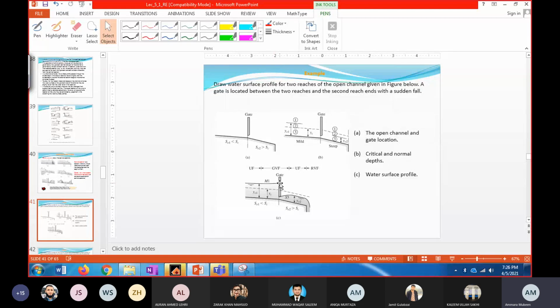It can be like this. Okay, so you'll be drawing an M1 profile, and at the downstream of the sluice gate, it is an S3 profile.